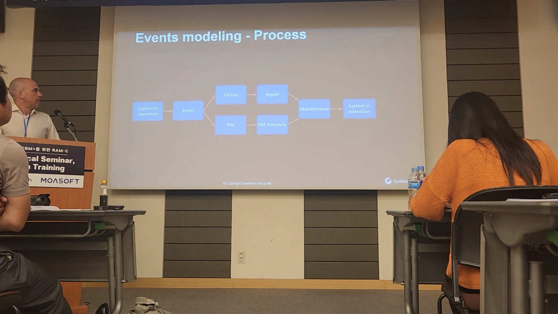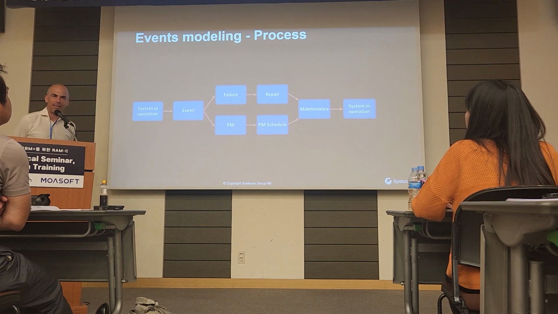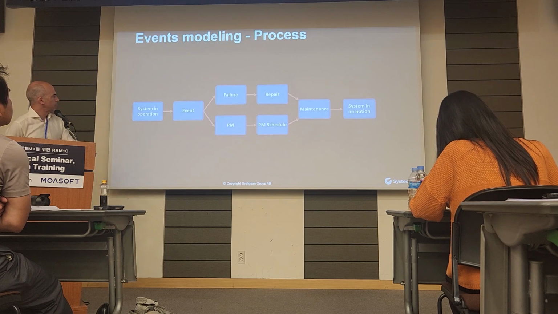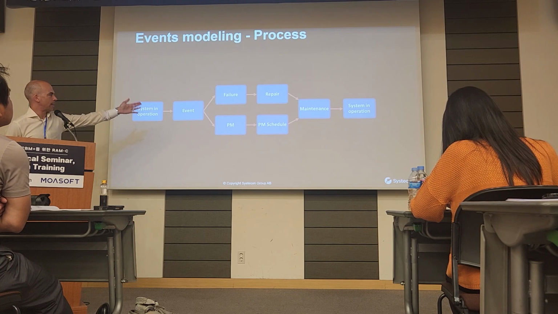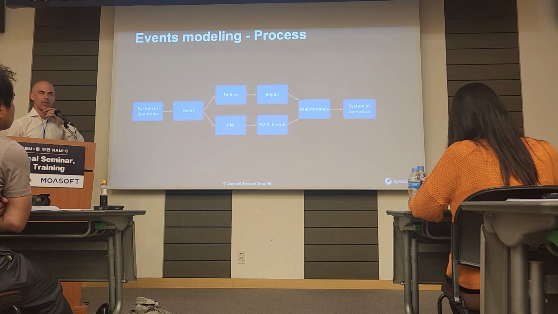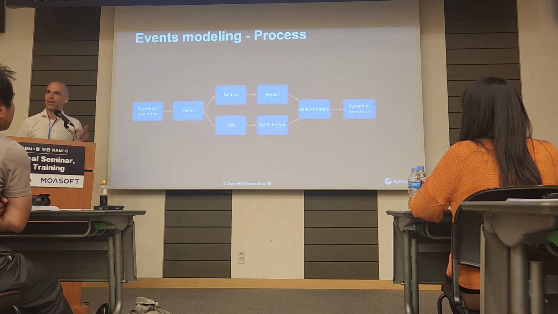And what typically happens when these events occur is that you have the system in operation. The event occurs, it's either failure or preventive maintenance that triggers some kind of repair action if it's a failure, or the preventive maintenance is triggered by the schedule because we have reached the limit of the interval and the preventive maintenance is due.